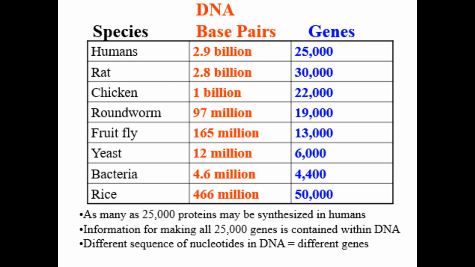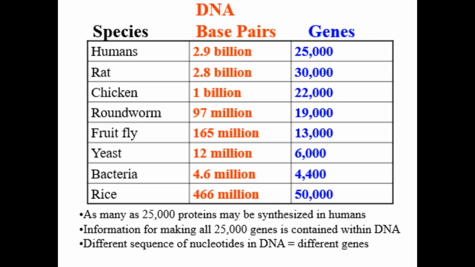If you counted all the nucleotides, or in other words, all the base pairs in DNA in humans, you'd find almost 3 billion base pairs. So there's almost 3 billion times that you've got a G and a C and an A and a T. That's a lot of information.